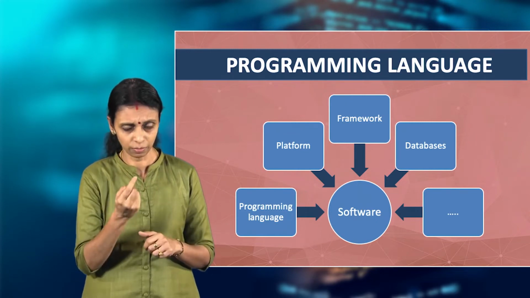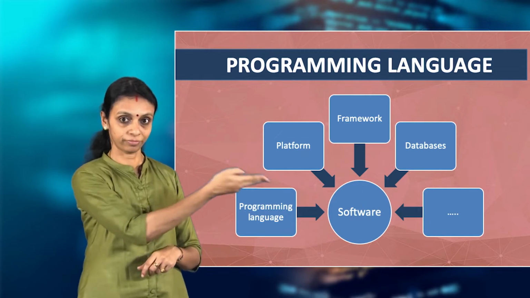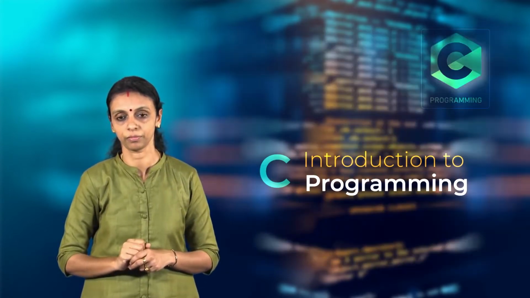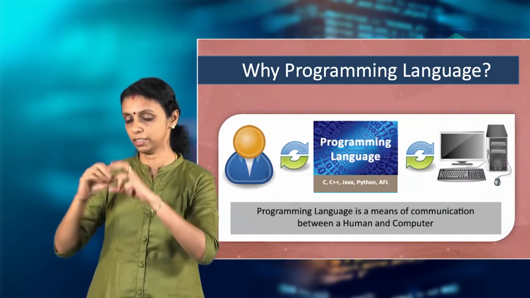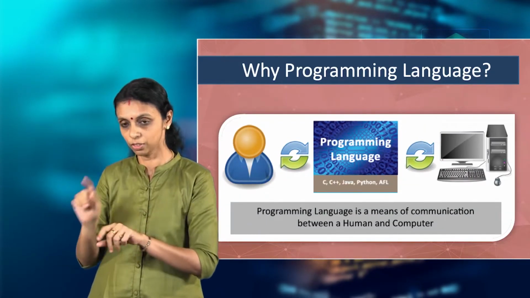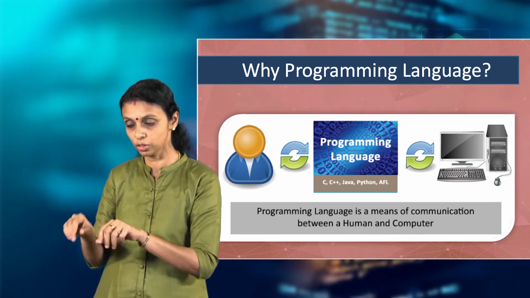Only language? No, many other components are needed to develop a software. Why language? It is for communication, to communicate to the computer and to inform computer what to do.